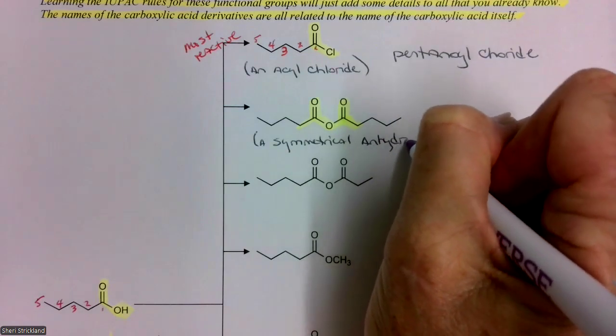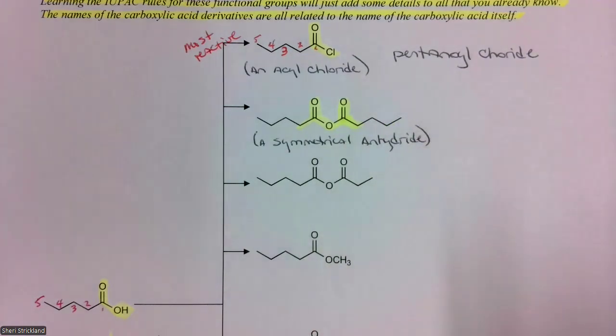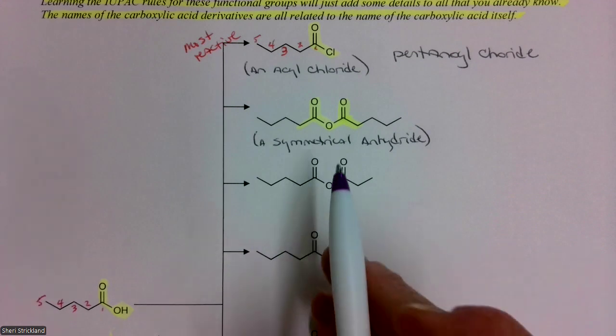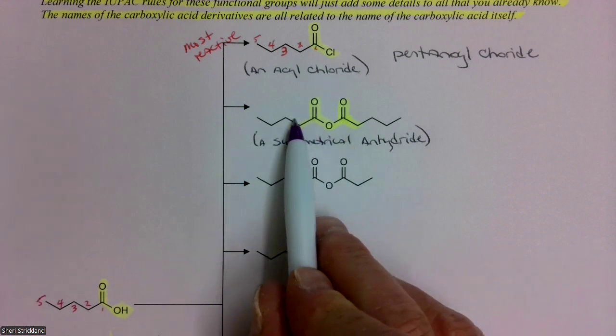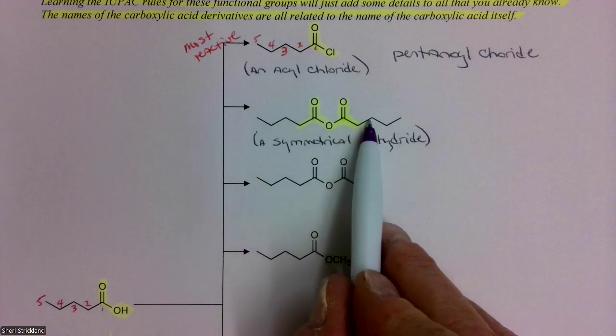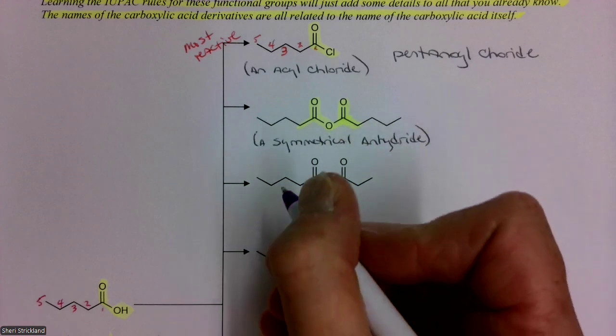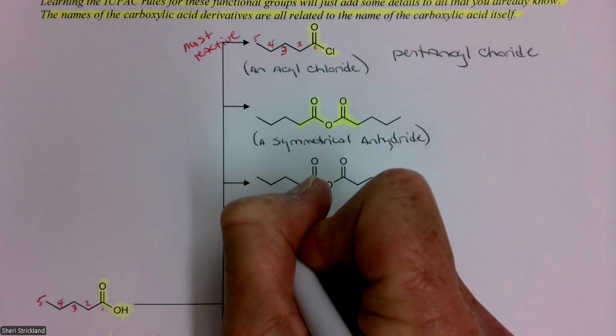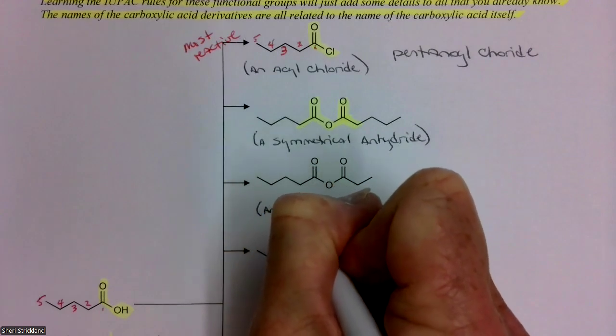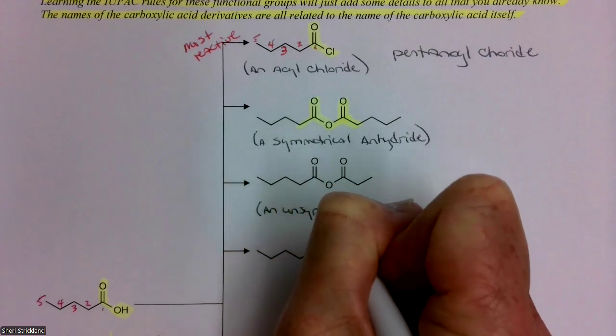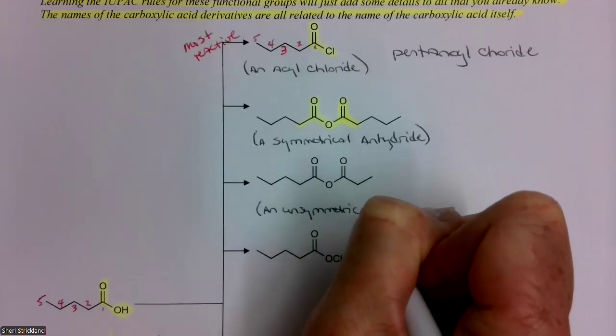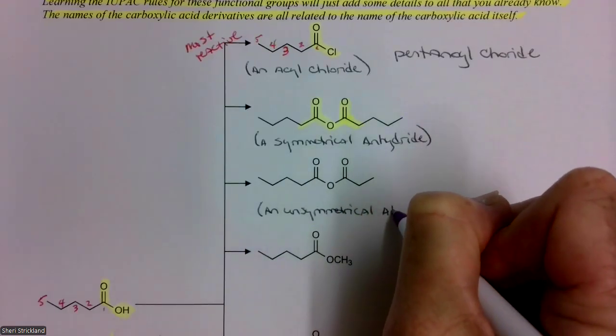Sometimes you will see them called, instead of just anhydride, carboxylic acid anhydrides, as opposed to phosphoric acid anhydrides. And it's symmetrical because the alkyl portion out to the left here and out to the right are identical. So if they're not identical, this is an unsymmetrical anhydride. Oops, sorry, that should be an N.